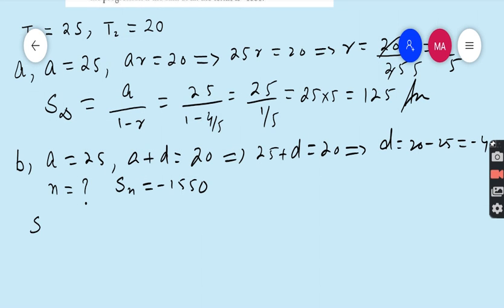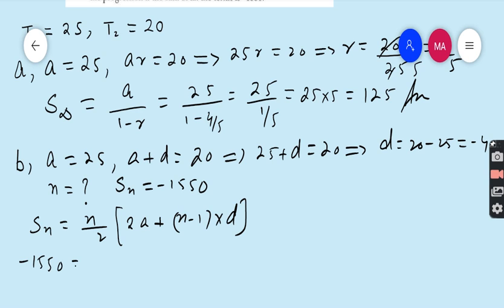The formula is Sn is equal to n upon 2 into 2a plus n minus 1 into d. Sn is given, minus 1550, is equal to n upon 2, 2a, a is 25, plus n minus 1, d is minus 4.